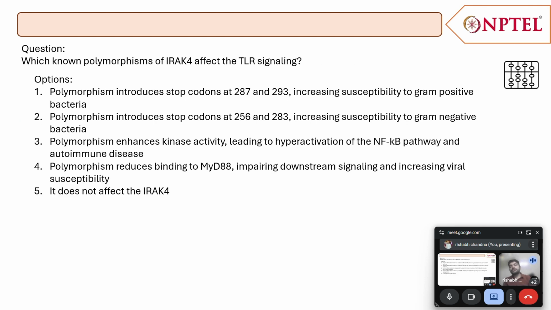Which known polymorphisms of IRAK4 affect the TLR signaling?